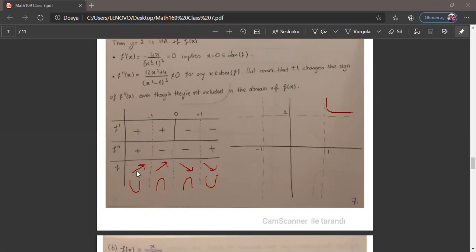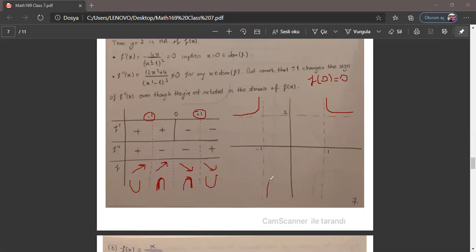So what about this part? We do the same things actually. Similarly, we obtain this. Now for this part, from minus 1 to plus 1, it is first increasing and downward, so it will be something like this, and decreasing upward, so it will be this, and f of 0 equals 0, remember that.